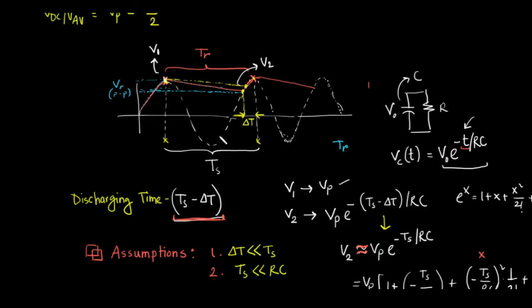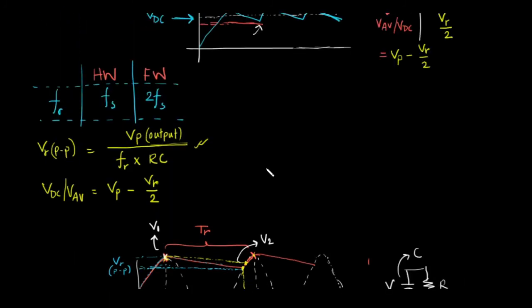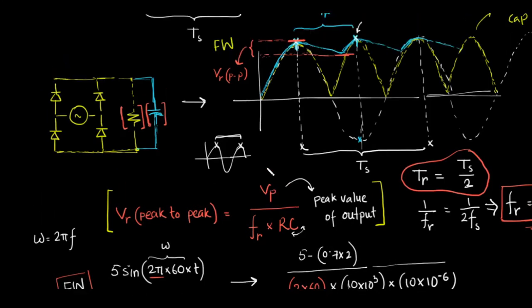If we had done this analysis for a full wave rectifier, what would happen? Well, for a full wave rectifier, instead of Ts, we would have Ts by 2. Why would we have Ts by 2? Let us see the graph for the full wave rectifier. The discharging cycle for a full wave rectifier would end at this point.